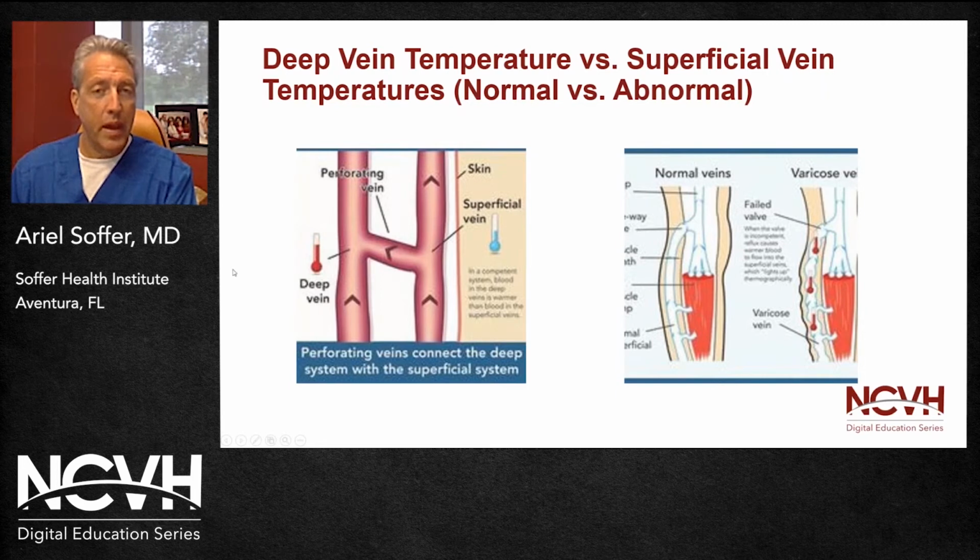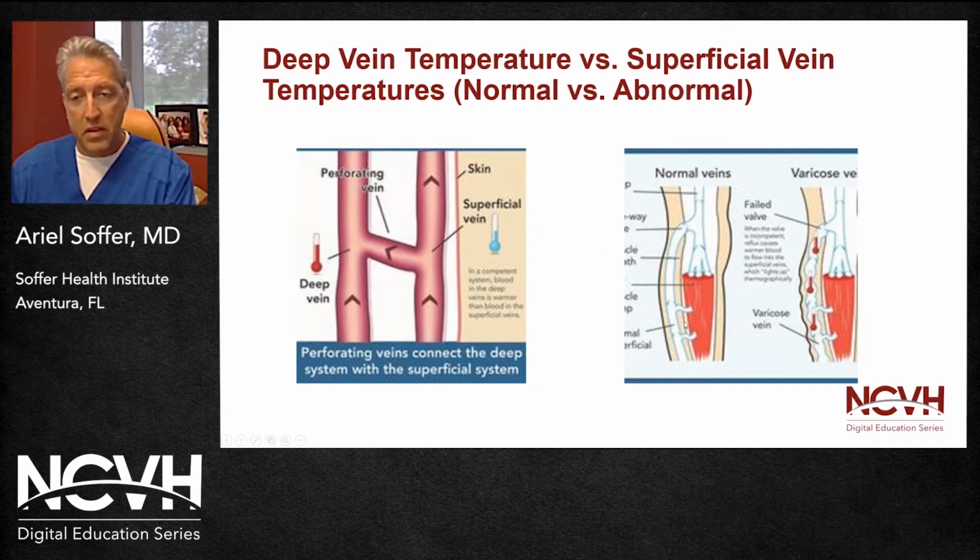On this side, we actually see a deep vein, which would be the inside of the leg, and you see the perforators carrying blood from the skin, or the cooler veins, indicated by the cooler blue, towards the deeper vein, which then of course goes towards the central system and to the heart.